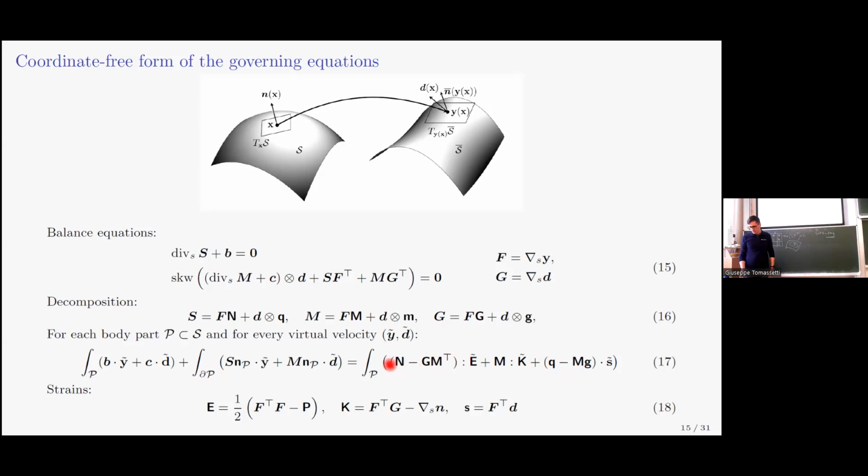If you look at this first term, this n minus gm transpose comes from a combination of these three tensors, and essentially it measures the actions in the membrane part of the problem. And this object is power conjugate to the rate of change of this quantity E, which you can easily recognize. It's 1/2 F transpose F minus the projection. So this is a measure of stretching in the plane.